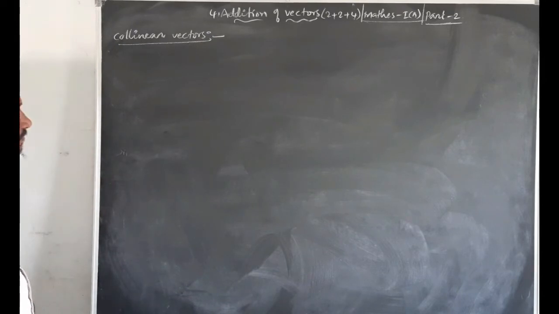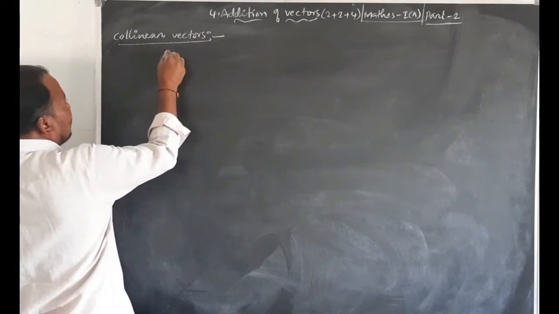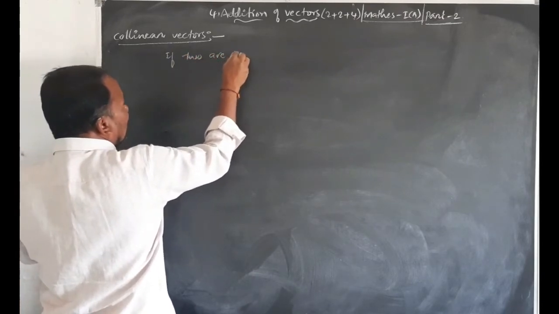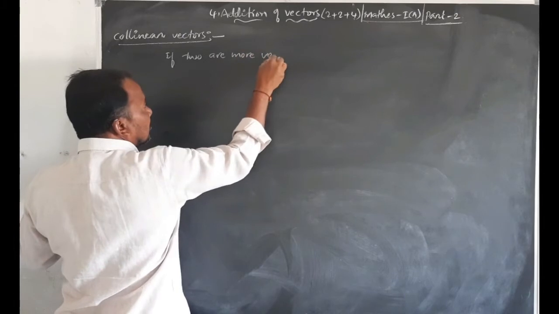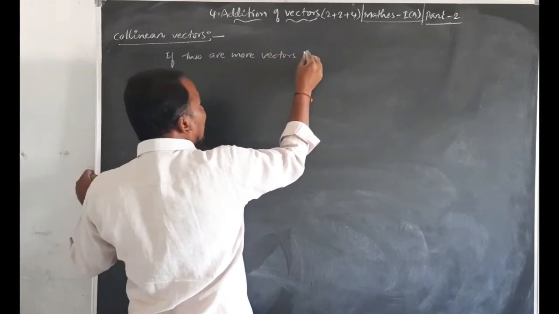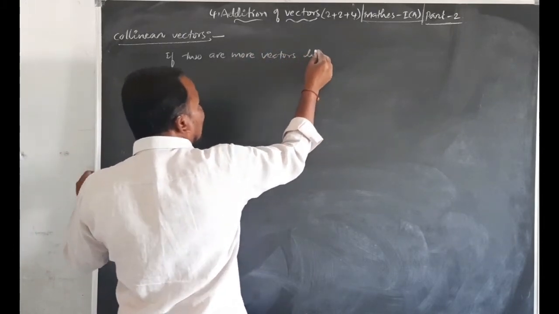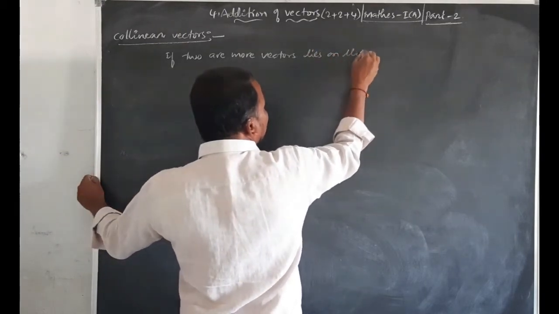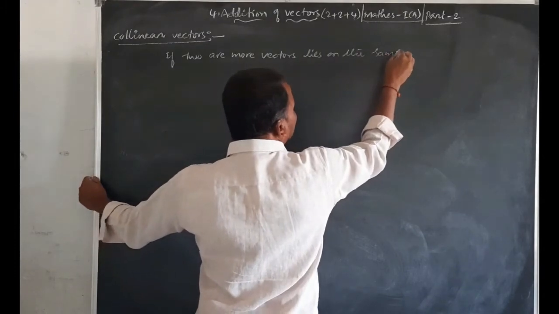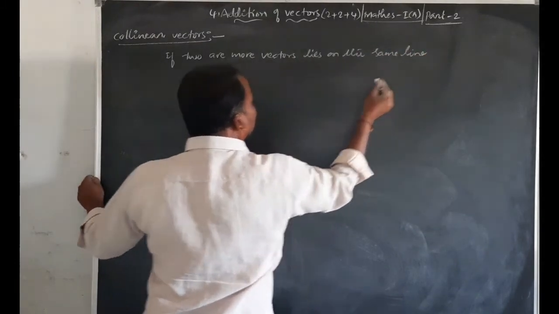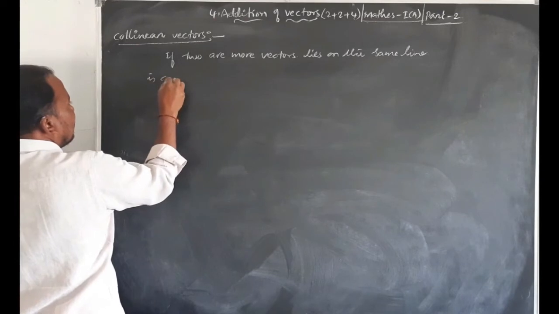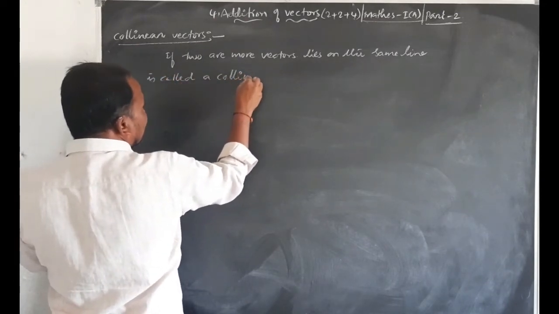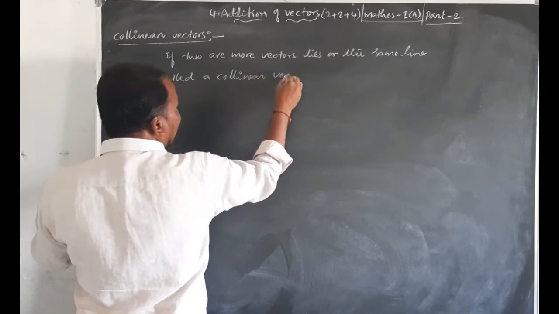If two or more vectors lie on the same line, they are called collinear vectors.